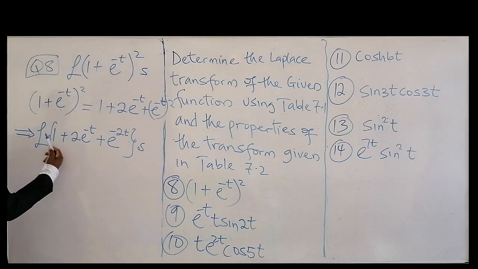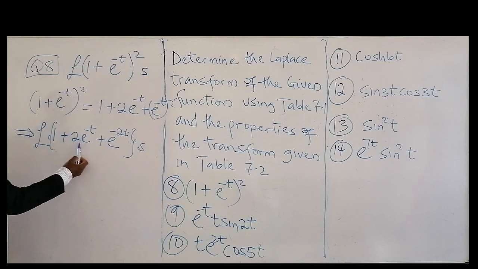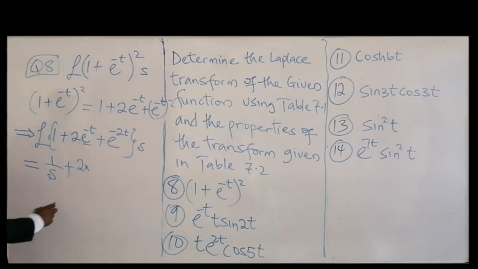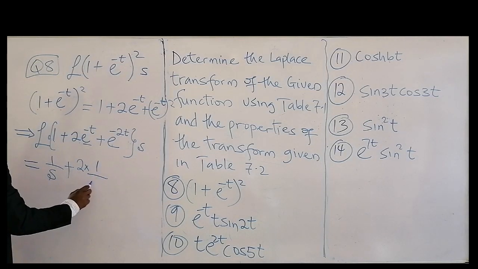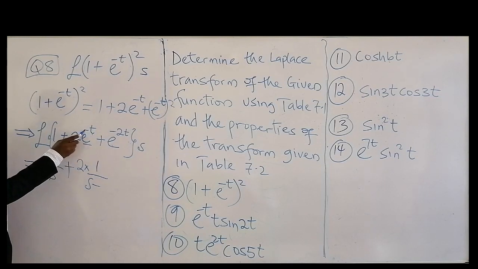When you have the Laplace of a sum of functions, it's going to be the Laplace of each of those functions. For the first one, the Laplace of 1 is 1 over x. Plus, the second one, the 2 is a constant times the Laplace of exponential, that will be 1 over x minus, the attachment to t here is minus 1.